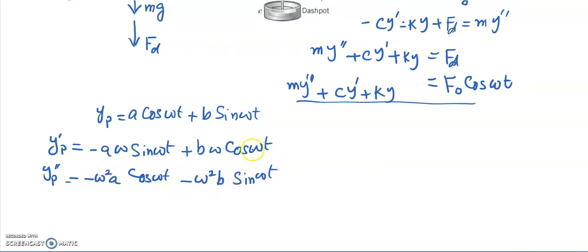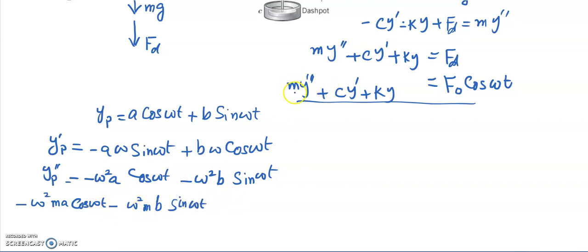Now, from the method of undetermined coefficients, we can input these values into this equation, and then we can equate the coefficients of cosine and sine. So if we put y double prime, it will become minus omega square m a cosine omega t, then minus omega square m b sine omega t.